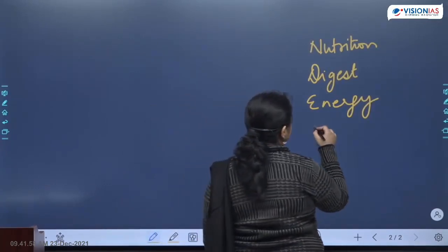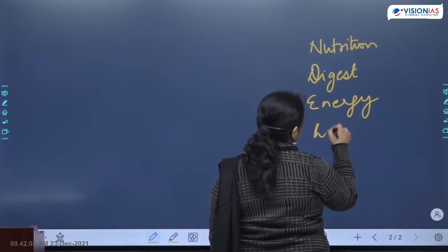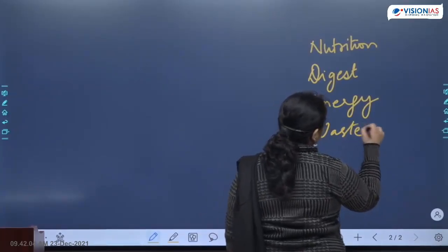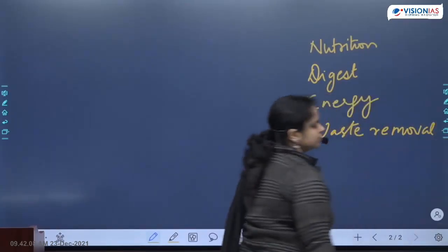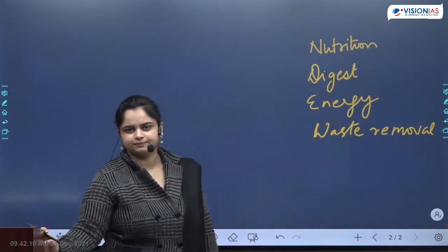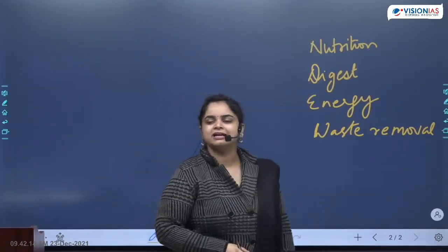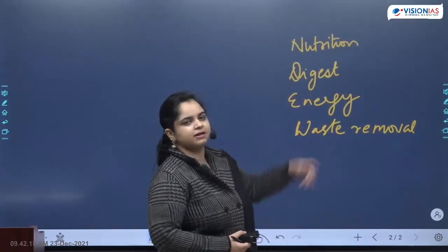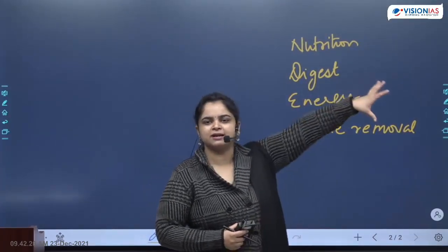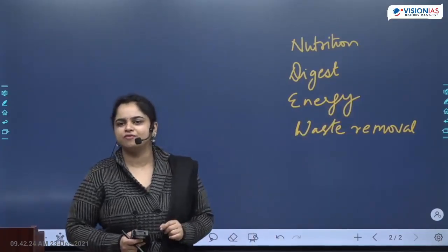And after you have done that, you will have some wastes, and those wastes would need to be removed. Also internally, inside the organism, all these things could be taking place at different places. So maybe there is one place where you are producing energy, there is another place from where you are removing the waste.